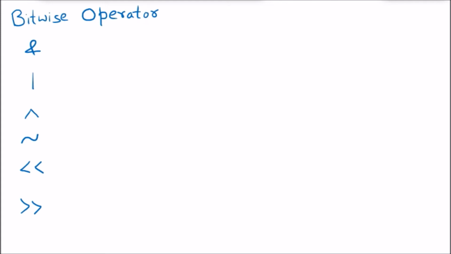So talking about the AND operator, in the AND operator we are having the truth table. Let us suppose that this is the first bit, this is the second bit, and that is the AND of these two bits. So if A and B both are 0, it will be 0.